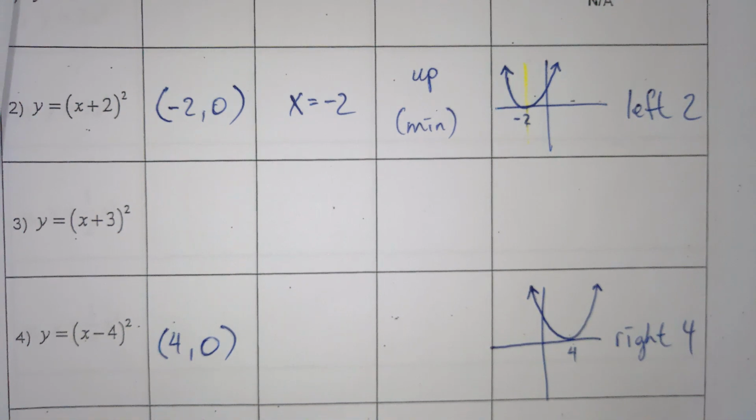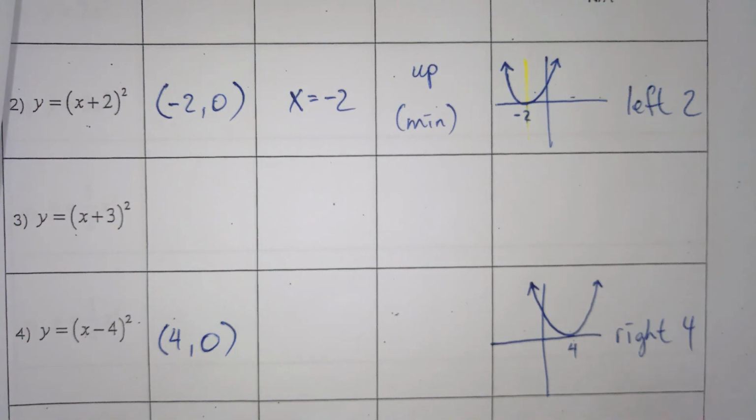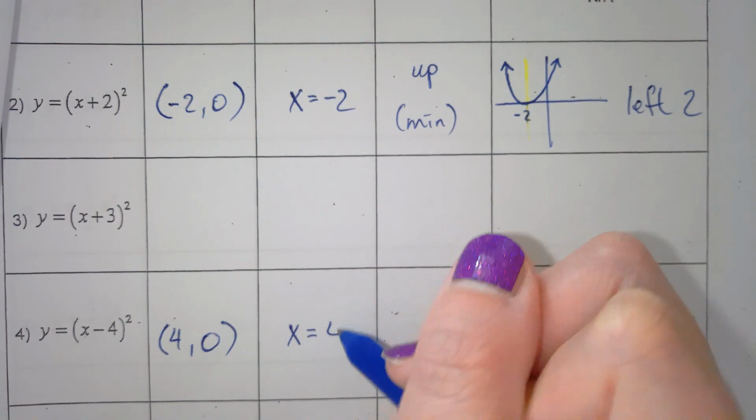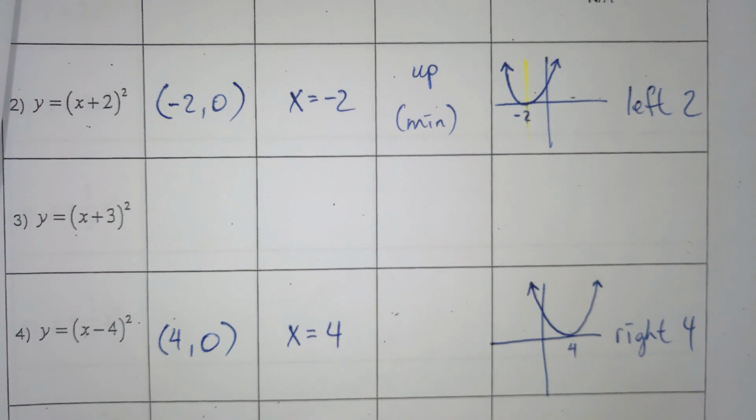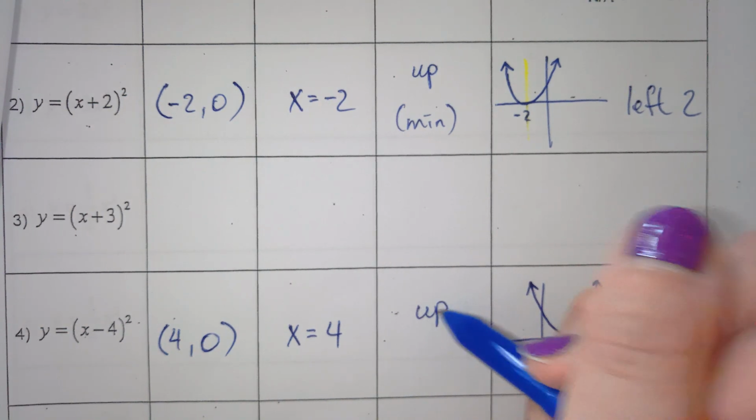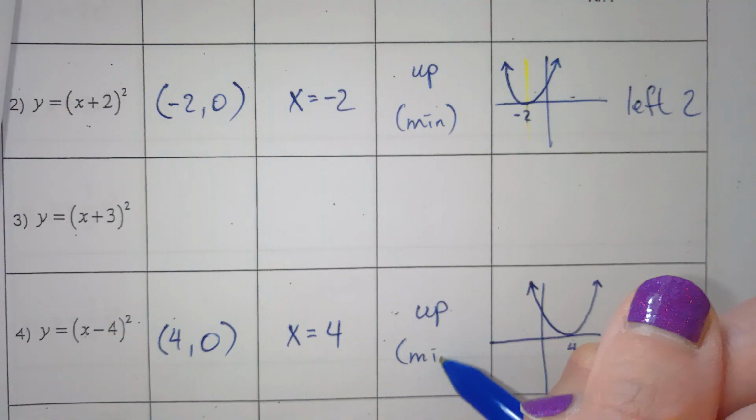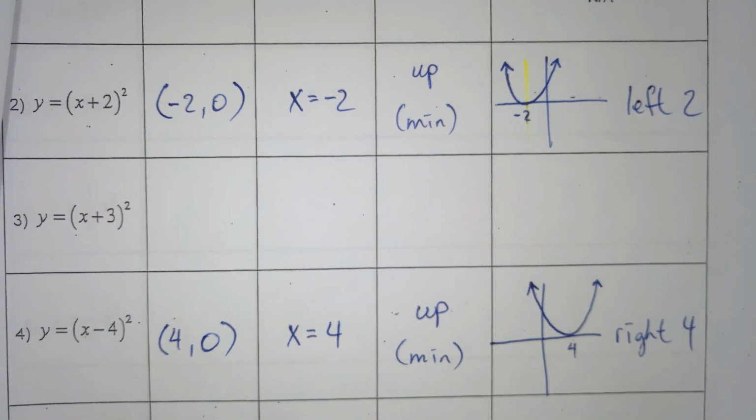Andy. 4. x equals 4. Good. Nila, does this open up or open down? Up. Yes. And because it opens up, this is a minimum value.